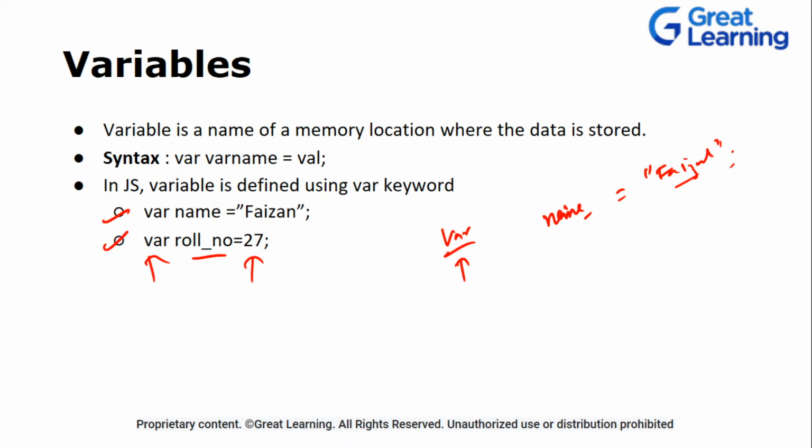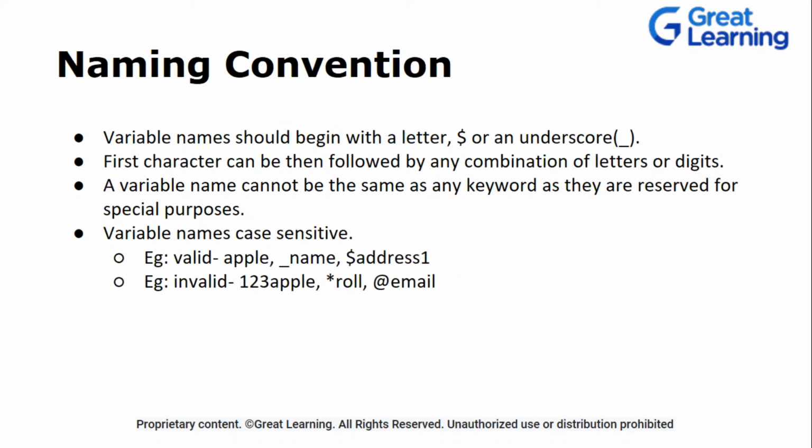Now, is this the only thing associated with variables? No, there's a naming convention that you should follow religiously. Always your variable name should start with a letter, any letter from A to Z, or a dollar sign or underscore. The first character should be among these.